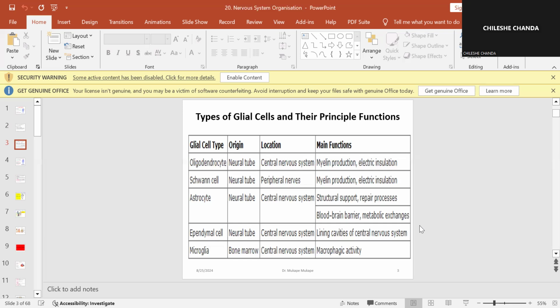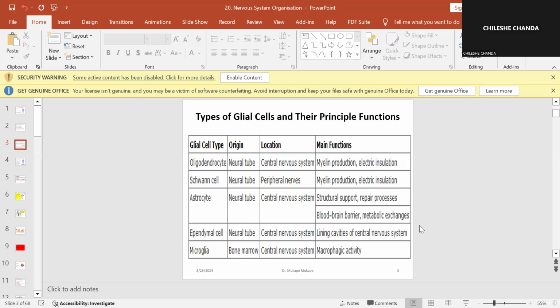These originate from the neural tube, the tube that formed after neurulation from the ectodermal layer. Remember when we were doing embryology and talked about the derivatives of all three germ layers.